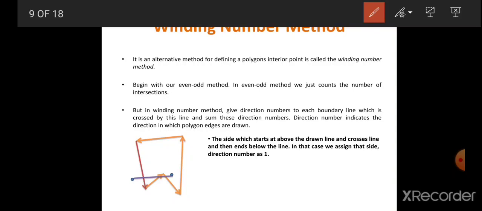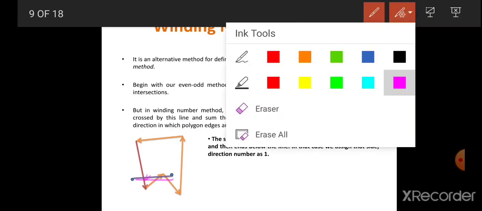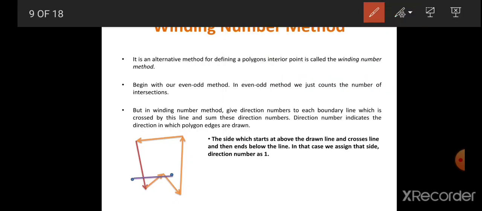See here, this is the line we have, which is called the drawn line, okay. And this is my intersection point. With this intersection point, I will find out which line it is. We have the line which is changed with color, right. So, this line is starting from above the drawn line and ending below the drawn line, right.